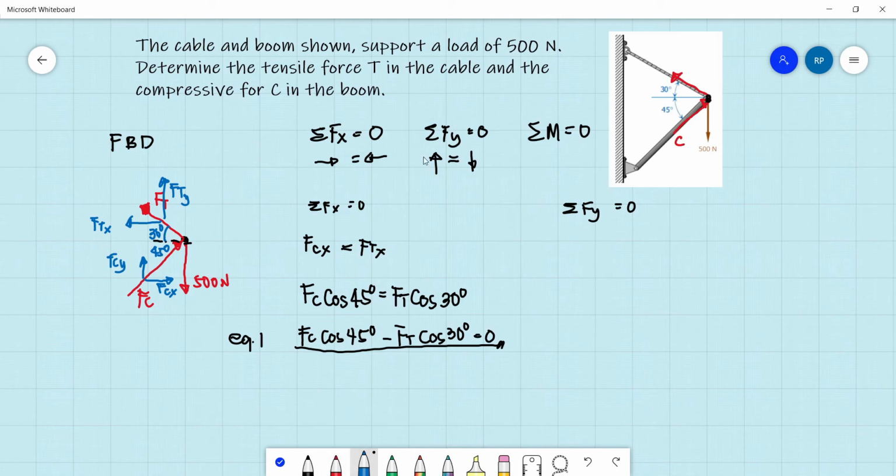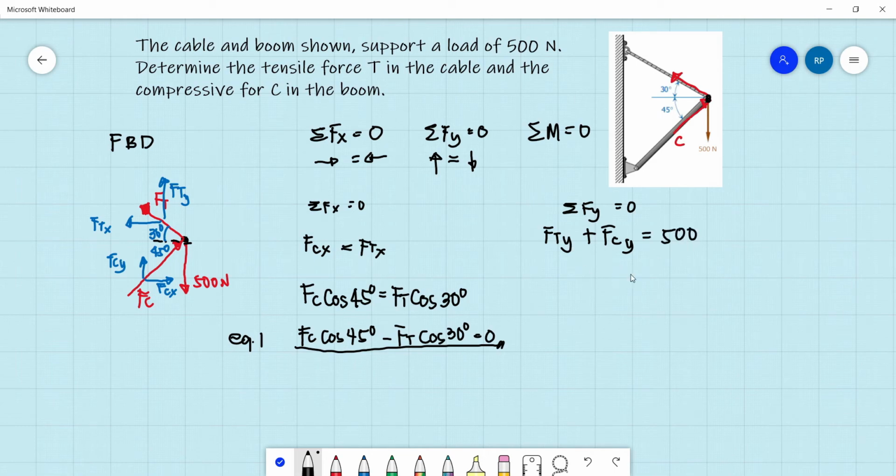And again, remember that the forces going up should always be equal to the forces going down. Now, what are the forces going up? We have the Fty plus our Fcy. And what are the forces going down? We have 500 newtons.